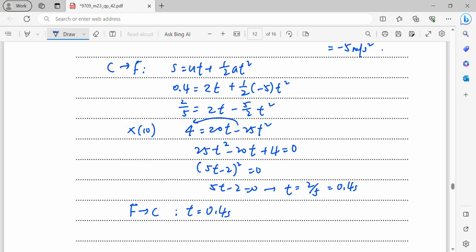So C to F, then F to C, this is for the combined particle. The time is 0.4 plus 0.4, which is 0.8 seconds. Now I need to find out, during this 0.8 seconds, what is the distance that has been traveled by the particle P.